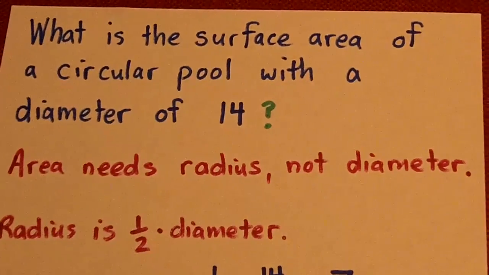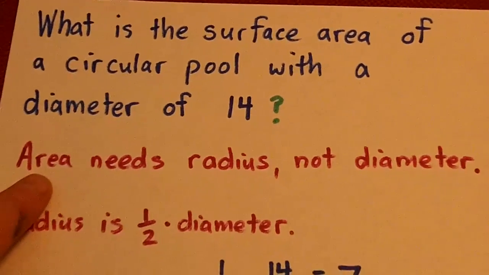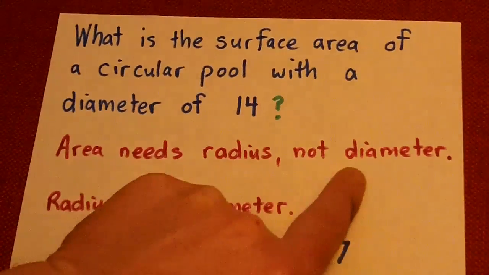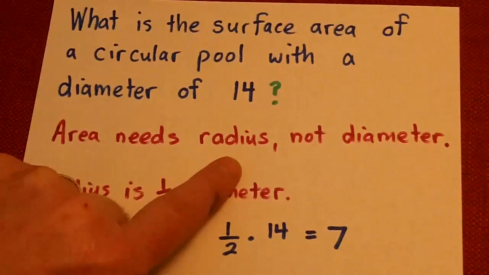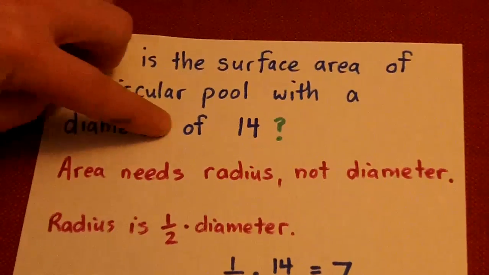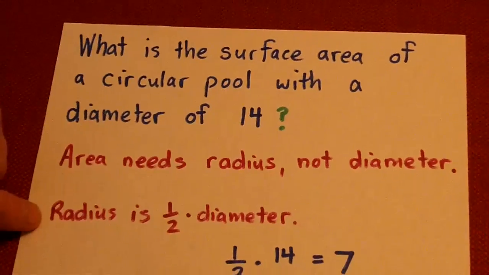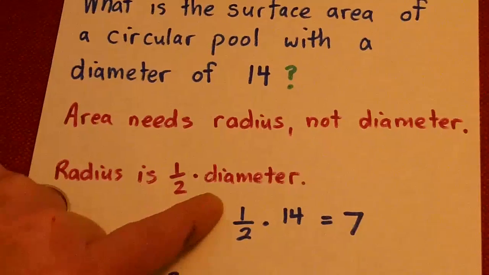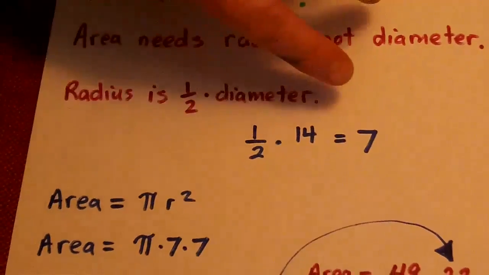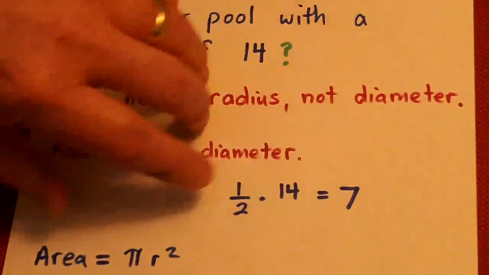How are they trying to trick you here? Our area formula does not need a diameter. It needs the radius. Since it gives us a diameter of 14, the radius is half of the diameter, and half of 14 is 7. So 7 is the radius.